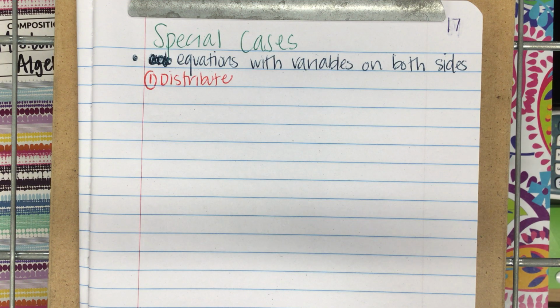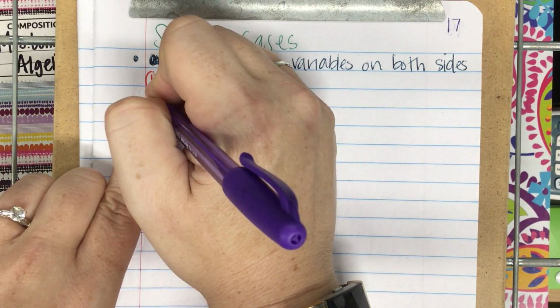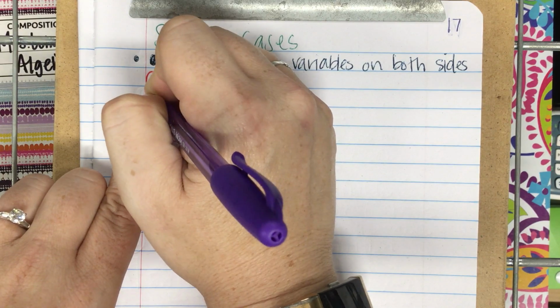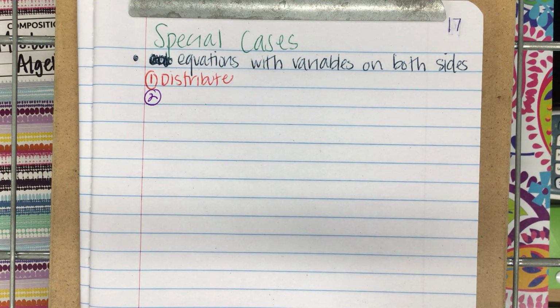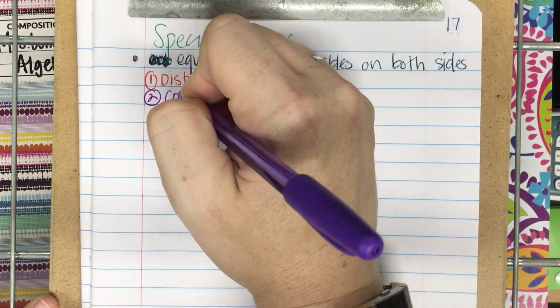It might be yes, I need to distribute, or no, I do not need to distribute. And then the second thing you have to look for is to combine like terms.